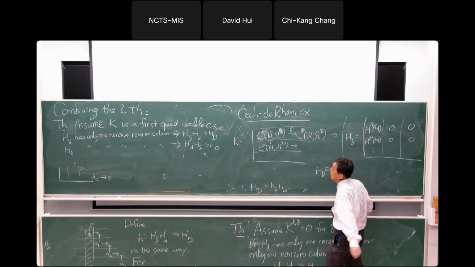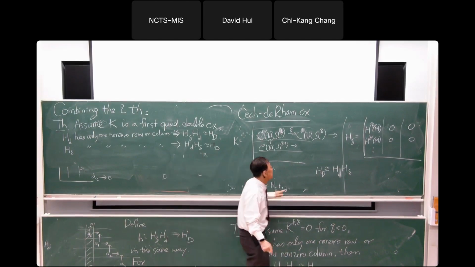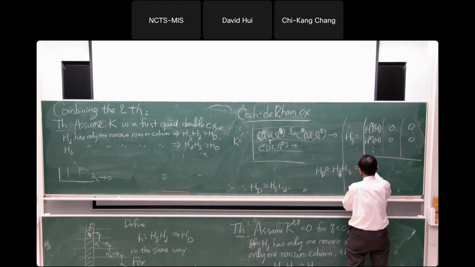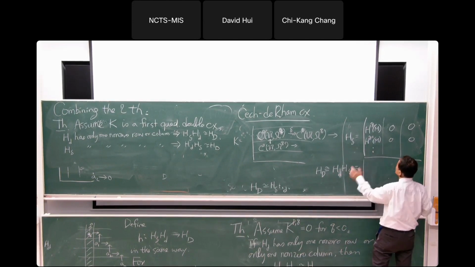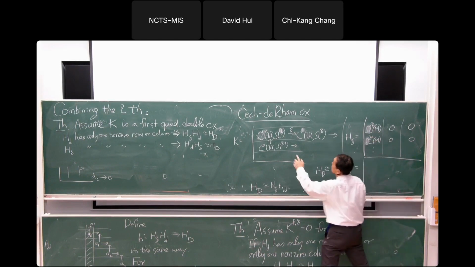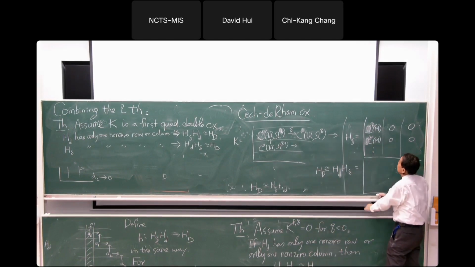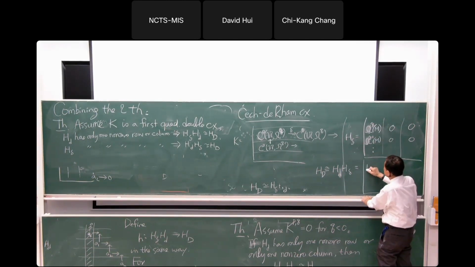Sorry, this should be the global forms, the kernel of the difference map. And if you take HD of this, then you get the de Rham cohomology.